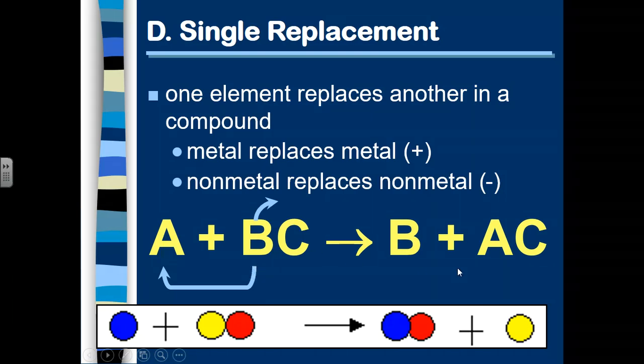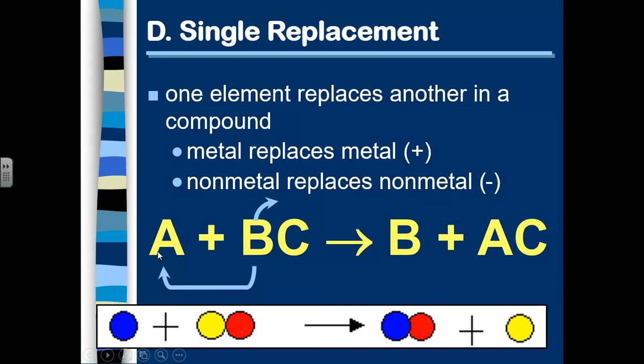What's going to happen on the other side is if this single free element, they're going to call it the free element, is a metal, then it will replace the first element in the compound because we know the metals go first. If this free element is a non-metal, then it is going to replace the second element in the compound because the non-metals are generally second, especially in ionic compounds.